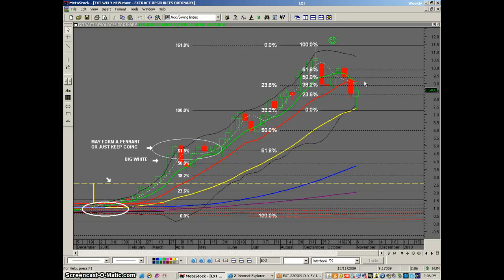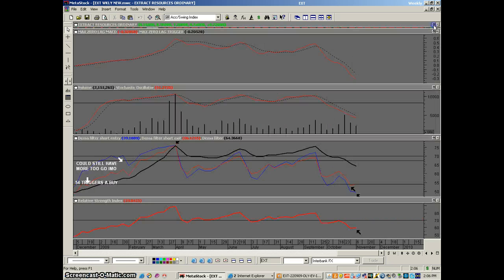Don't forget, a weekly chart takes a little bit more time, but I'd expect the stock to start moving back up to these two moving averages and the standard error here at least, and then go on to retest the older high.